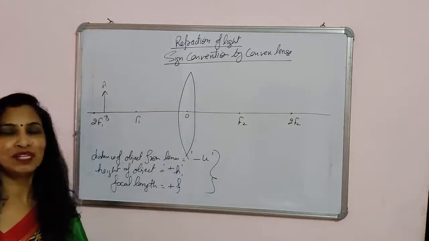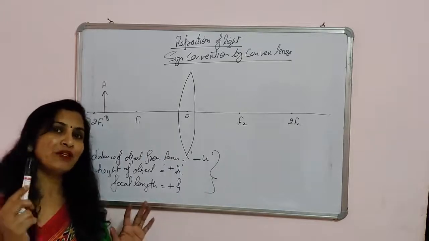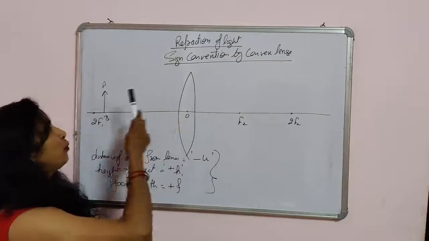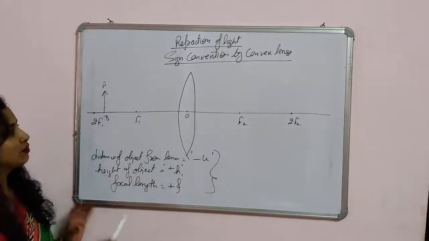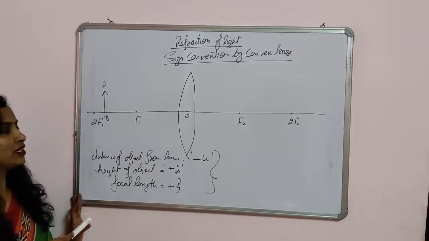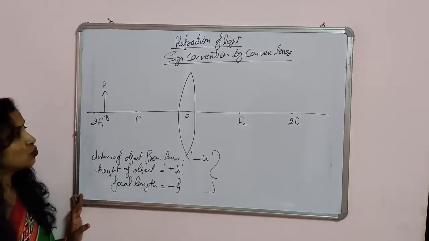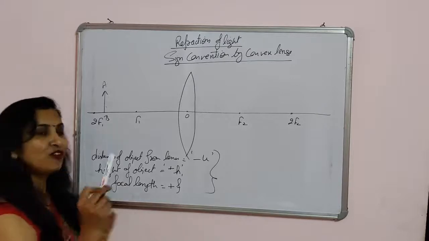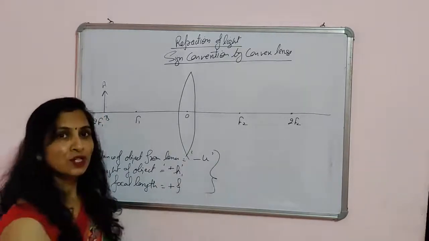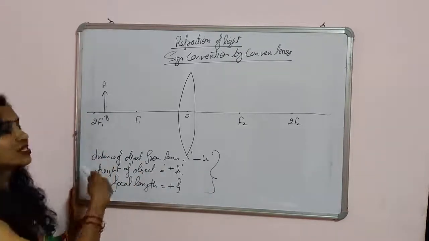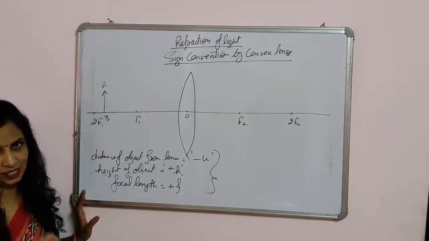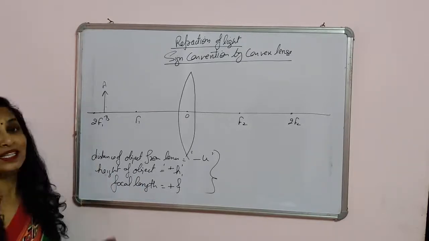We know that in a convex lens, the image can be obtained here, like the real and inverted images, or it can be obtained here only in one case, where we place the object in between f and o. So the image formed is virtual and erect. So it means the image can be formed on either side. Either it can be real inverted towards this side, or it can be virtual erect towards this side. So the sign of the v changes.